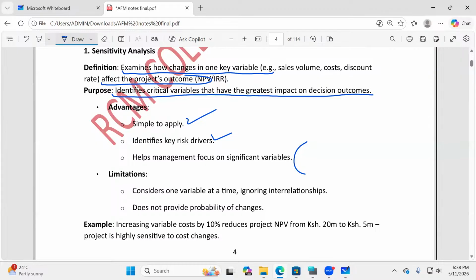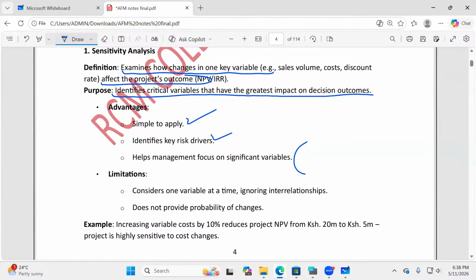Limitations: it considers one variable at a time, which is a big limitation. We know, ladies and gentlemen, outside here, these variables will always change simultaneously. If you look at, for example, the government today, you're being fought by so many things at the same time. We have rains, we have oil prices.